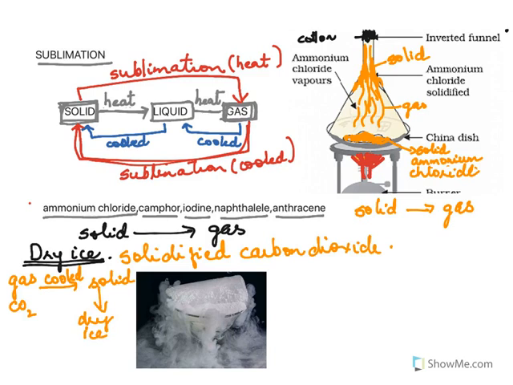Look at the picture here. You have solid carbon dioxide here, and it directly changes into this vapor, gas of carbon dioxide. It is undergoing sublimation. So changing from solid to gas is called sublimation.